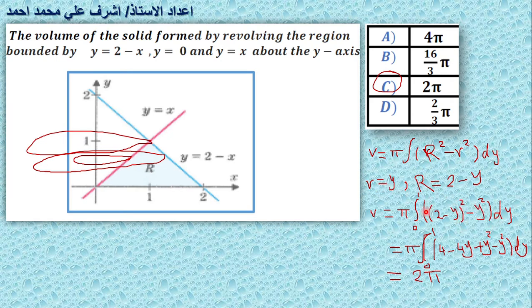We will expand the brackets: first one squared, first one times second one times 2, negative 4y, plus second one squared, y squared, minus y squared, negative y squared plus y squared equals 0. So we have pi times the integral from 0 to 1 of 4 minus 4y dy, and we get 2 pi. So the right answer is C.